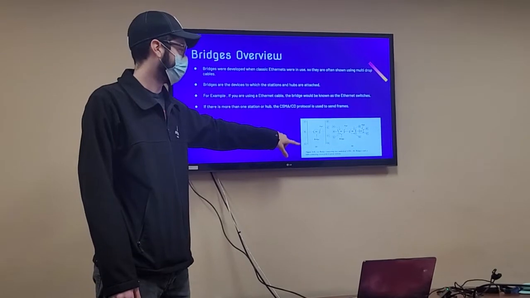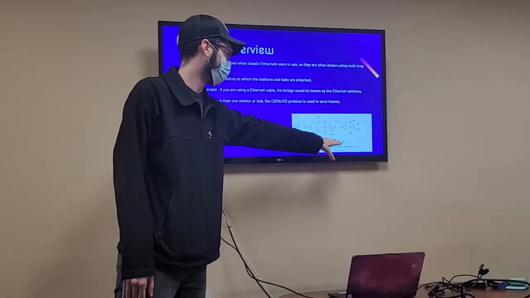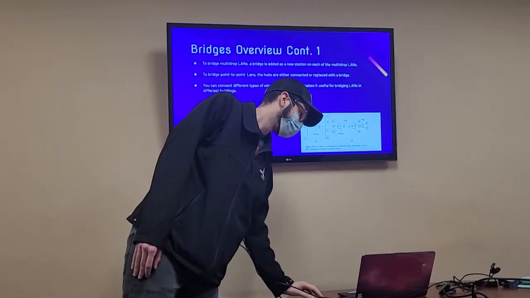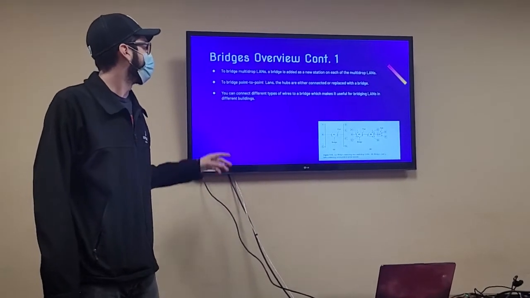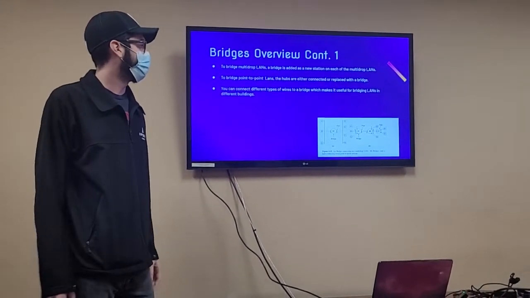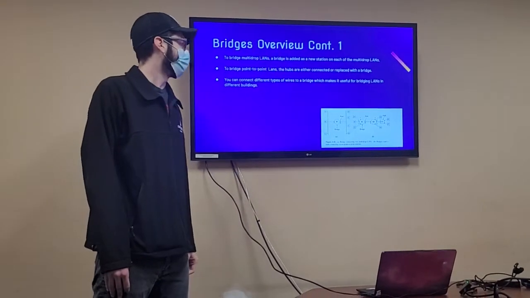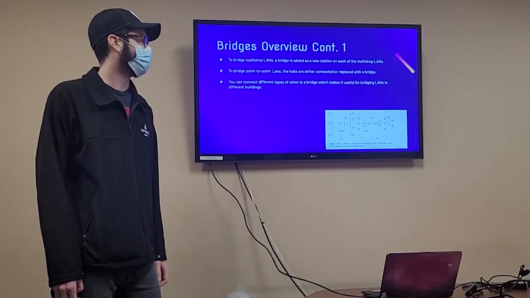This example on the left is using multi-drop LANs, and this example on the right is using point-to-point stations. To bridge multi-drop LANs, a bridge is added as a new station on each multi-drop LAN. To bridge point-to-point LANs, the hubs are either connected or replaced with a bridge.